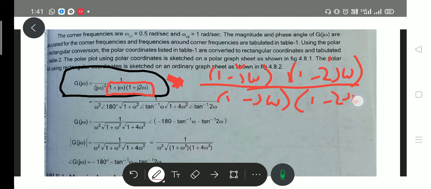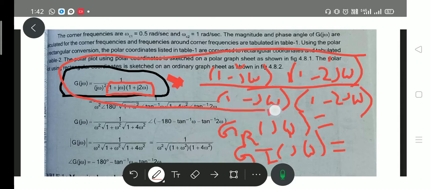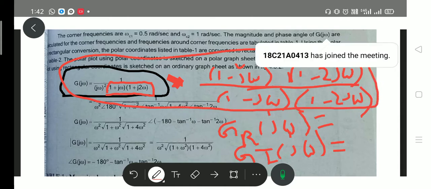After simplification we will get real and imaginary terminals. We can separate them: the real term will be G r of j omega and the imaginary term G i of j omega.